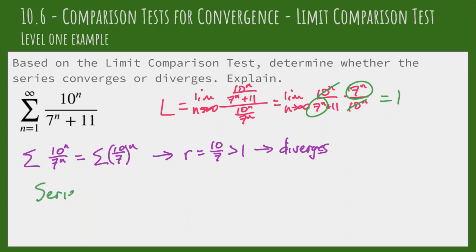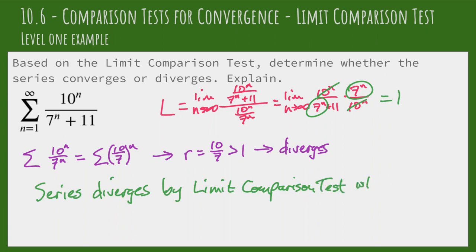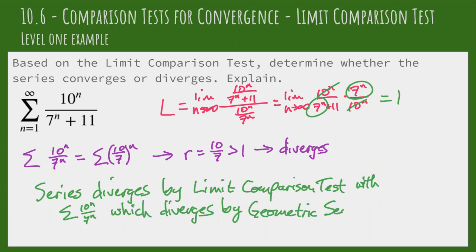So this series is going to diverge by the limit comparison test with the series 10 to the n over 7 to the n, which diverges by the geometric series test. And I'll put r equals 10 sevenths, which is greater than 1.